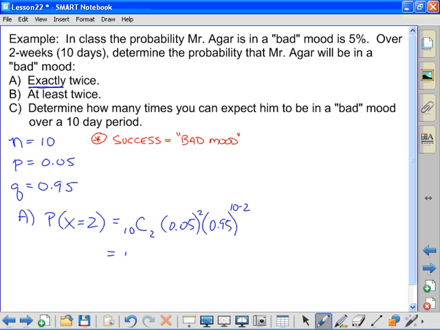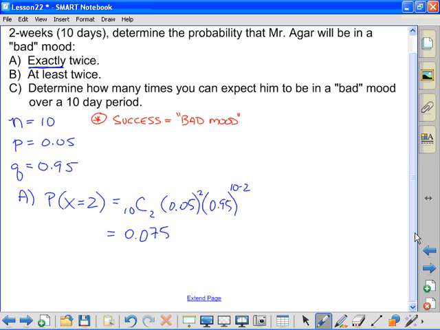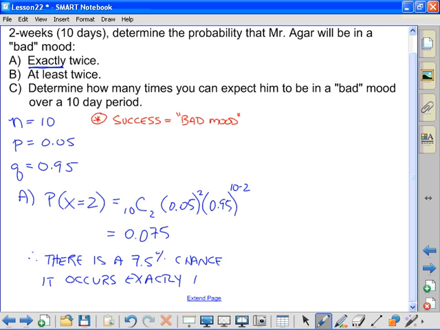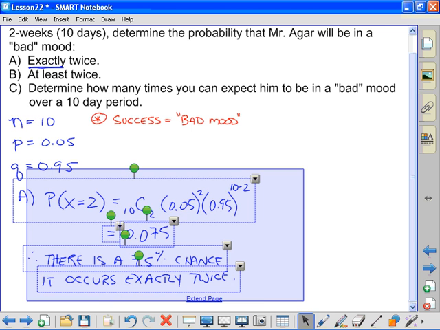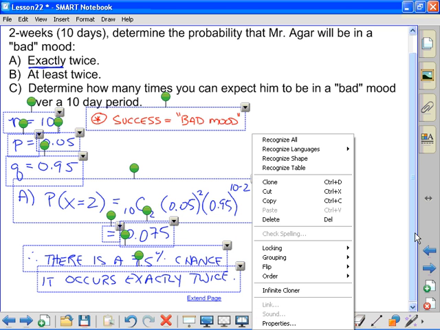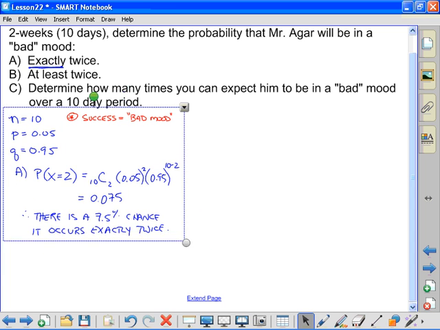And I get 0.0075. So the probability that Mr. Egger is in a bad mood is 7.5%. There is a 7.5% chance it occurs exactly twice. Okay, so that's pretty good. I'm happy with that. 7.5% chance happens twice. That sounds about right for me.